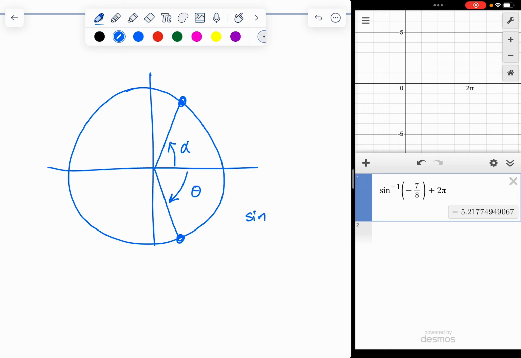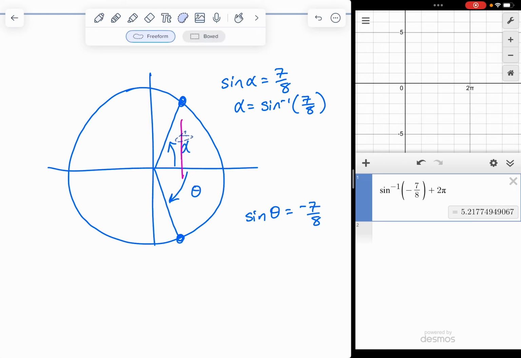Sine of theta was equal to that negative 7/8, then sine of alpha, it's been reflected up, is a positive 7/8. Okay, so we can say alpha is equal to inverse sine of this positive 7/8. You see how this y value right here is trying very hard to match this y value right here, except one of them was positive and one of them was negative.